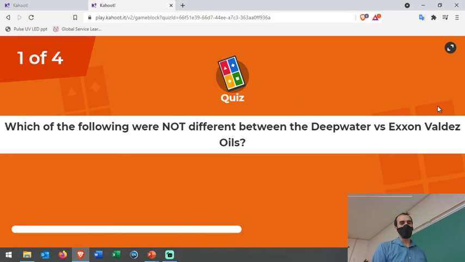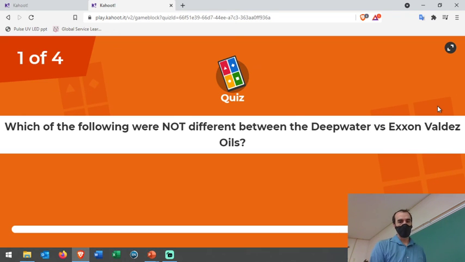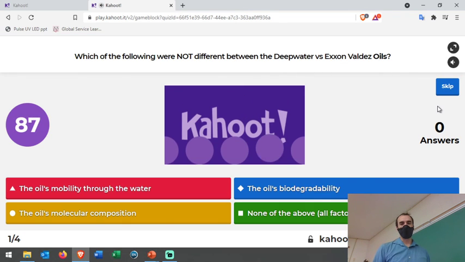Okay, so which of the following were not different between the Deepwater and Exxon Valdez oil spills, or the oils themselves?